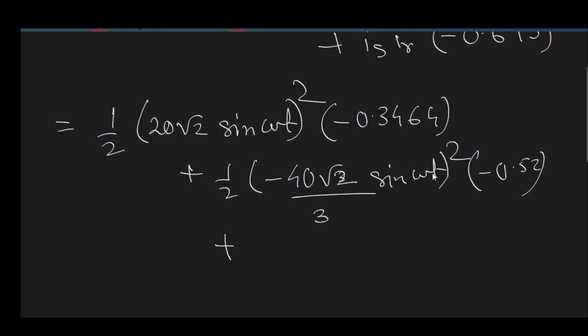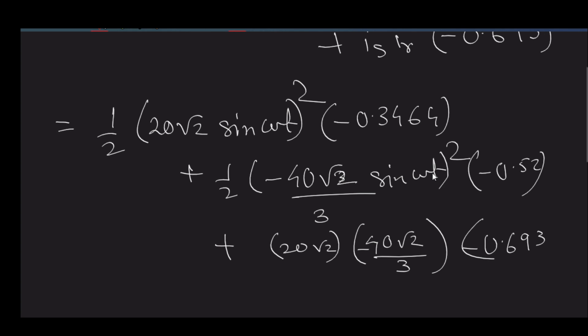Then another term is 20 root 2 minus 40 root 2 by 3 into minus 0.693 into sine square omega t.